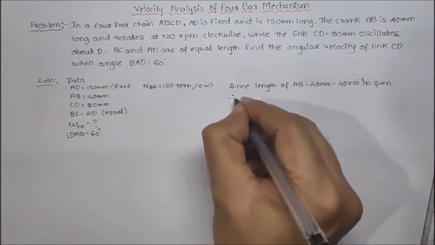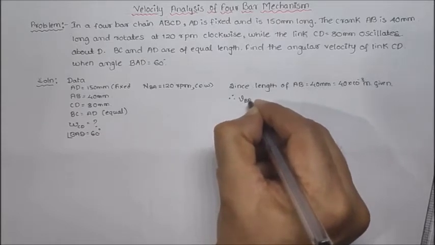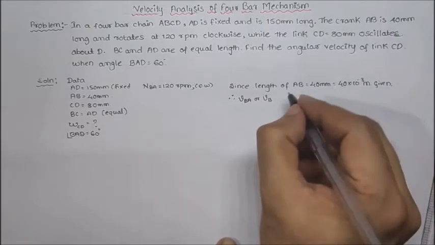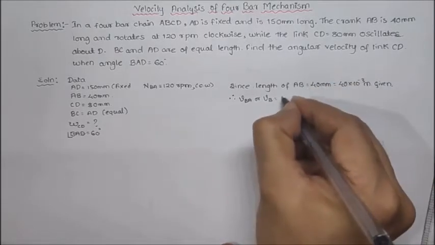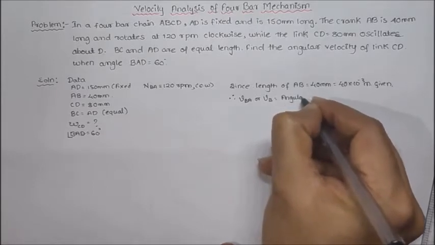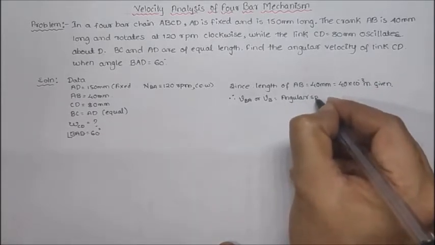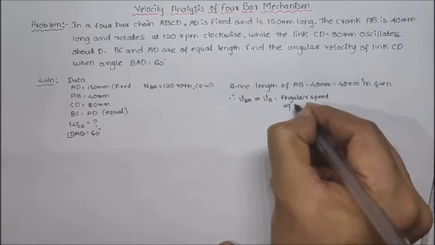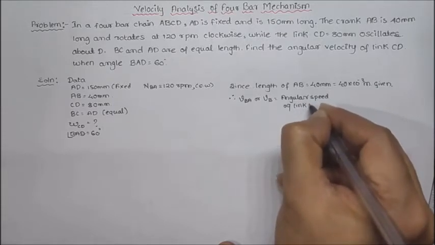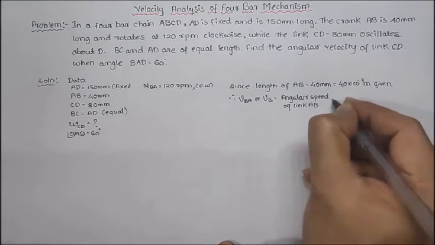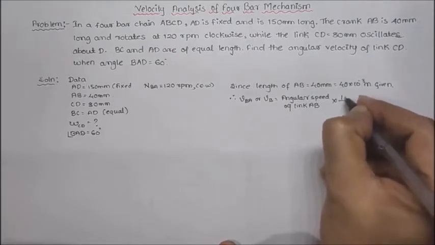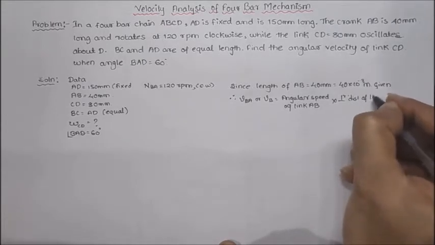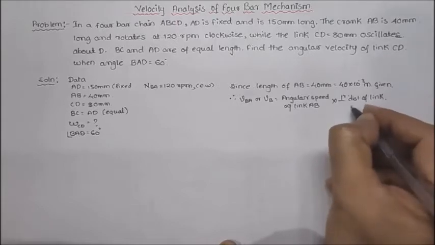Therefore velocity of B with respect to A, or velocity of B only, is equal to angular speed of link AB multiplied by perpendicular distance of link AB.